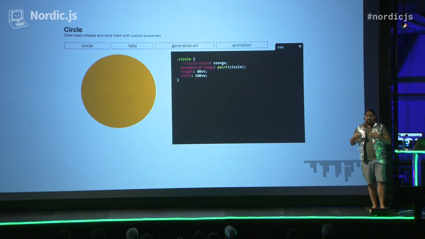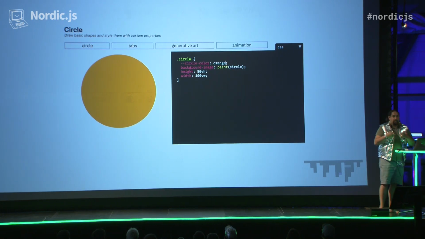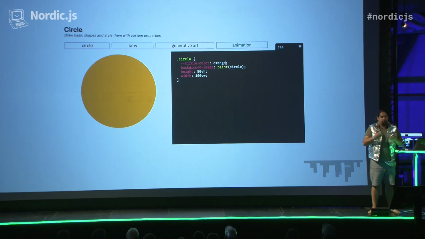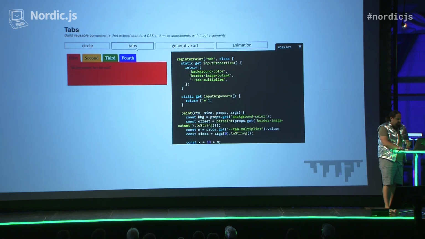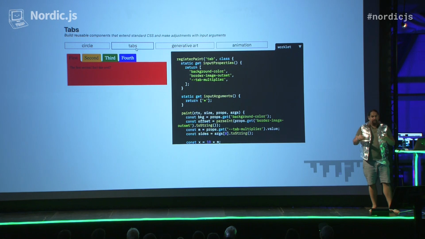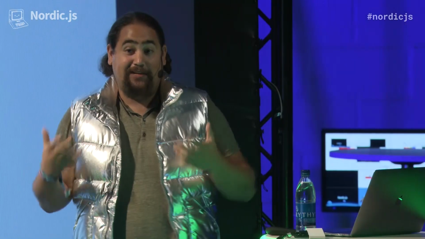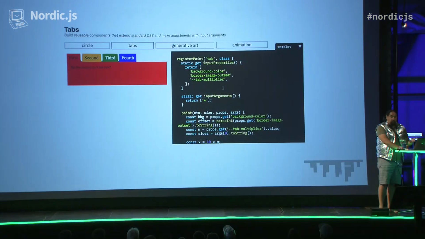But there are other really interesting things that you can do with the Paint API, like creating your own custom border images. So if anyone's needed to make tabs with those cute little rounded corners at the end, that's really, really hard to do in a way that scales, in a way that's kind of flexible. But with the Paint API, we can actually do that pretty straightforward. A little worklet to draw these with arguments for whether you want left, right, or both.